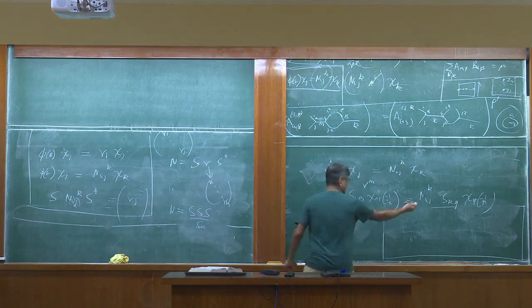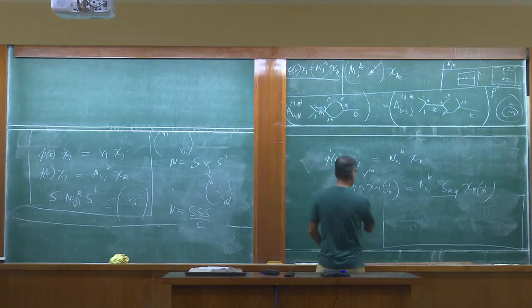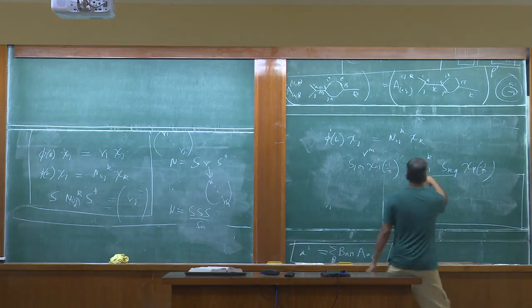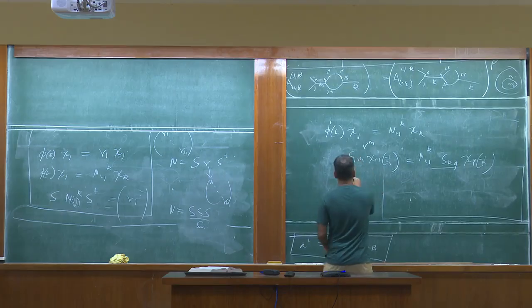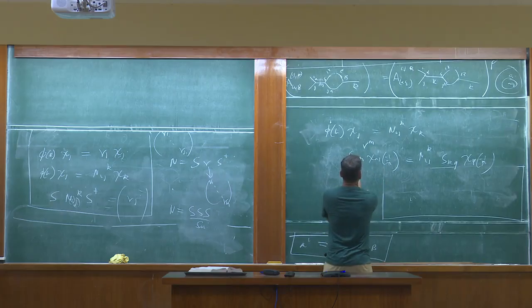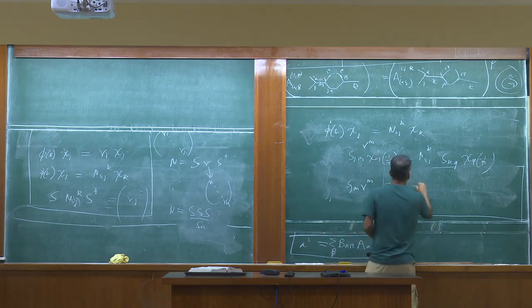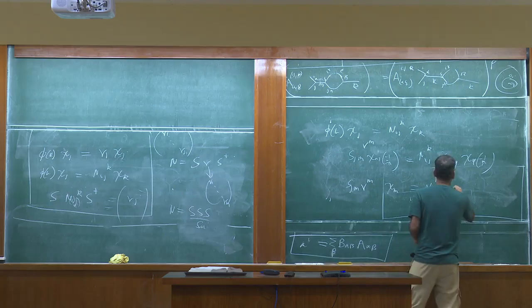Let's take this S here. Let's write it with indices first: S j m gamma m on chi m is equal to n I j k S k q on chi q.